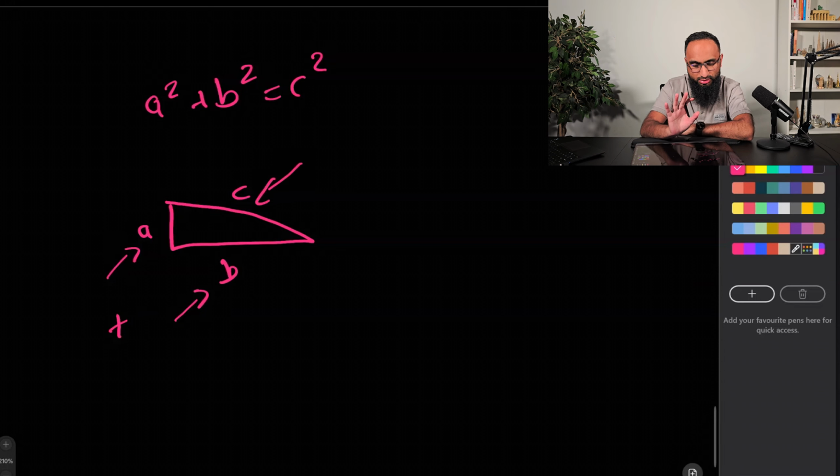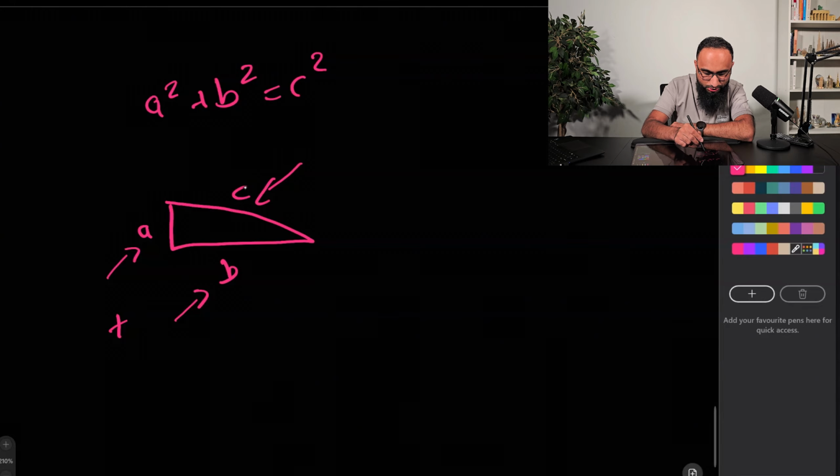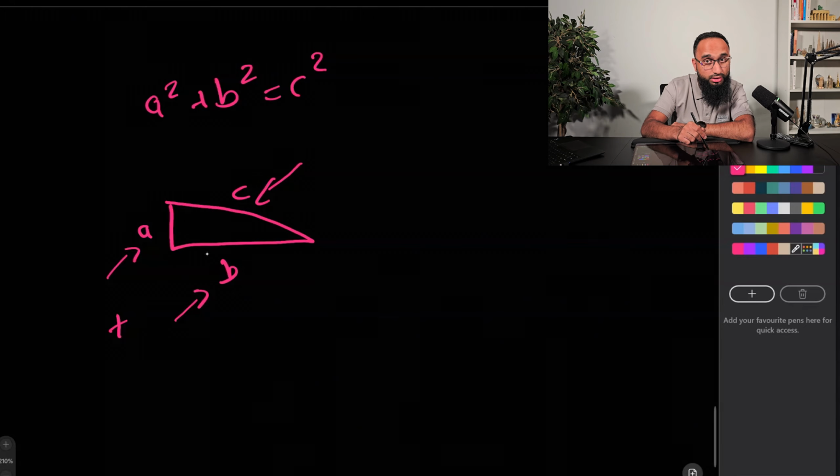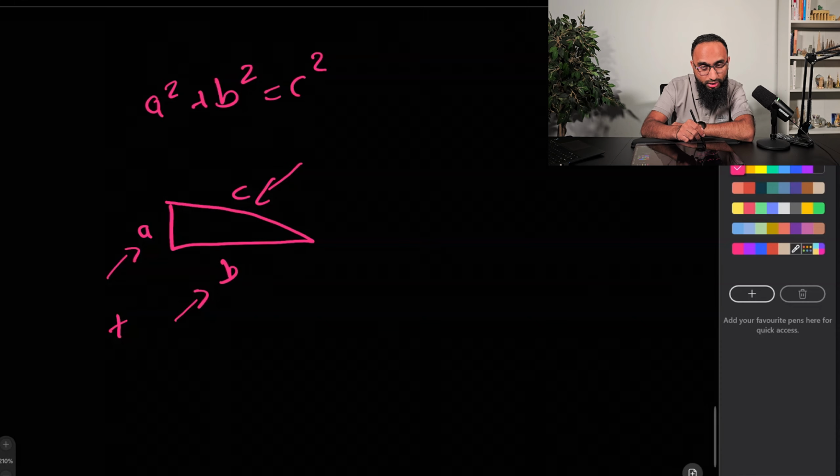So that is easy. And if you are not calculating the hypotenuse, if you're calculating either b or a, then you do c squared, take away the other known side squared, and then square root it to get the unknown. So that's Pythagoras, fairly straightforward.